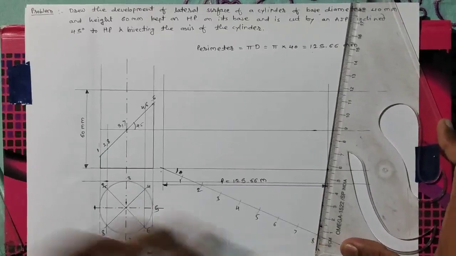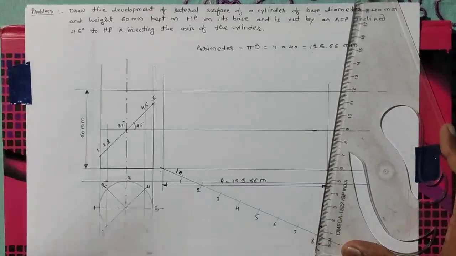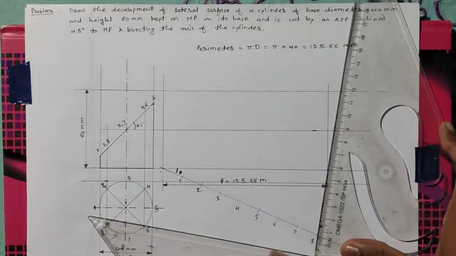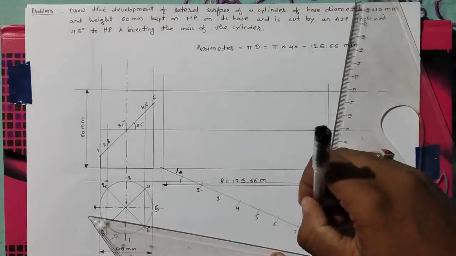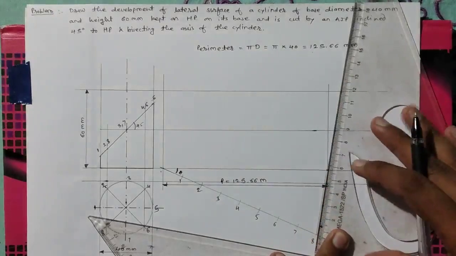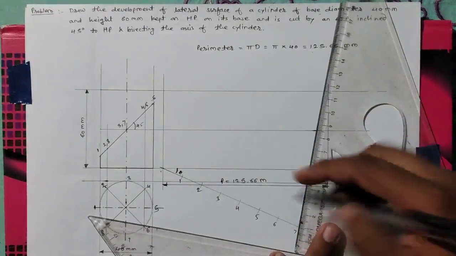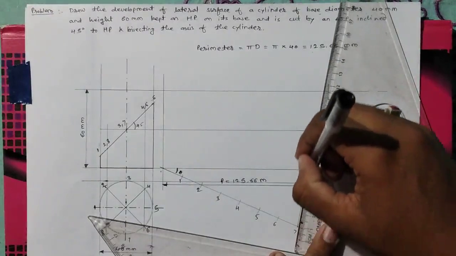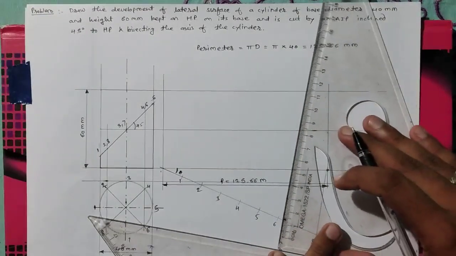When we join these parts, then it divides this line into 8 equal parts. Draw the lines parallel to each other.